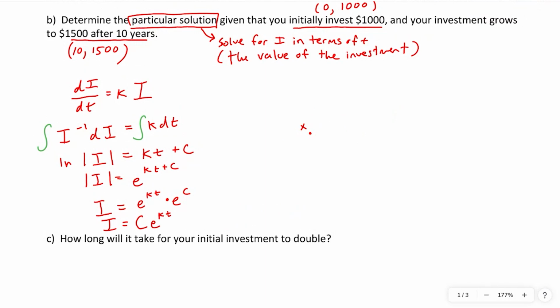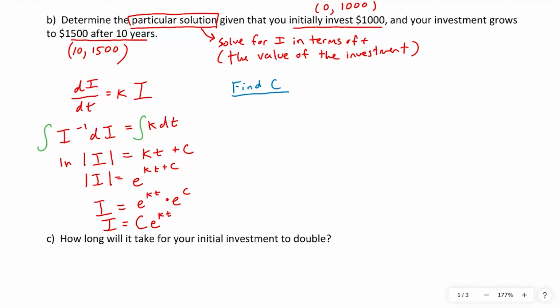Now, if you know that little shortcut, that would be pretty handy. But let's say you just forget the shortcut and you're like, okay, well, let's try to find that C value. And we can use the initial amount, this initial point, (0, 1,000), to find that C value.